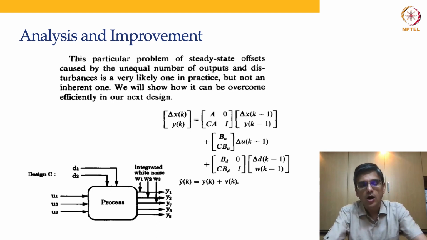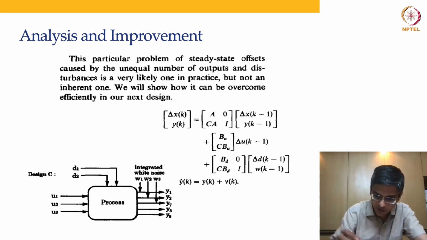Okay, so how can you improve this? For example, you can have the best of both worlds in this particular case by adding the integrated white noise to the outputs, and you have D1 and D2 also being added as integrating white noise. Now, why is this possible?